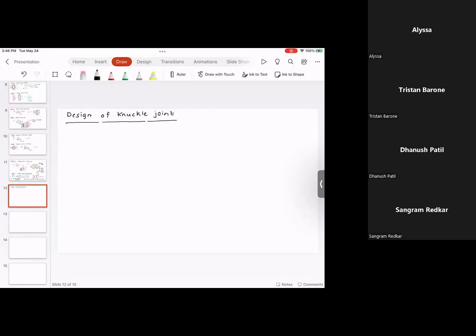Can you see me? So knuckle joint is exactly what it means. It's a knuckle.